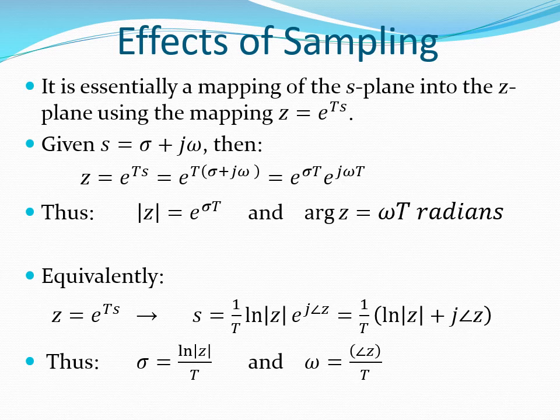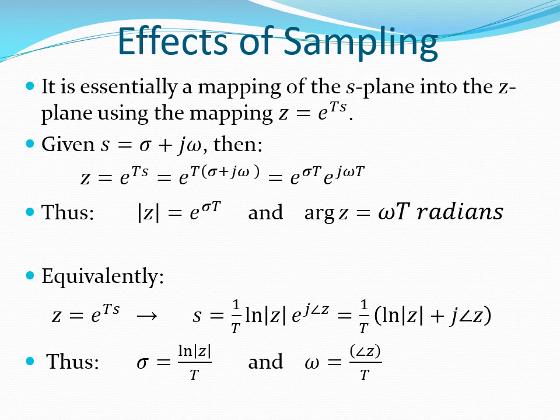If we make substitutions into the definition for z, we find that z is equal to e to the sigma T times e to the j omega T. From there, we see that the magnitude of z is e to the sigma T, and the argument is equal to omega T radians.